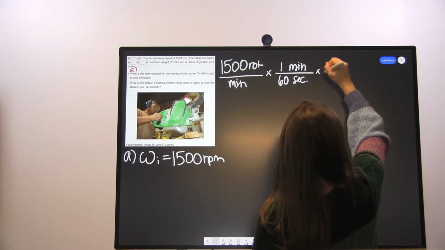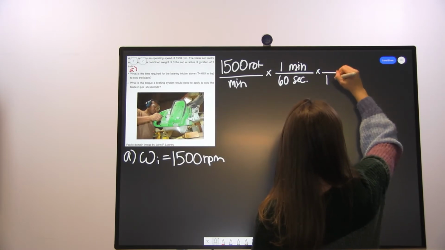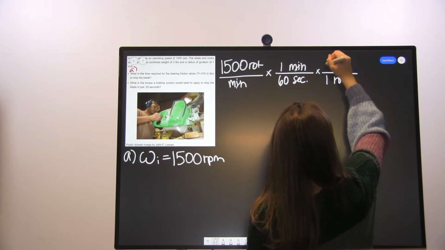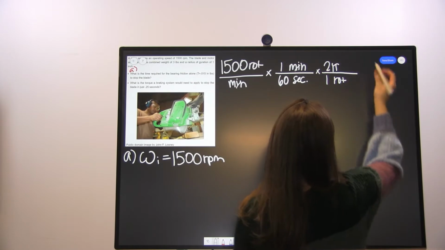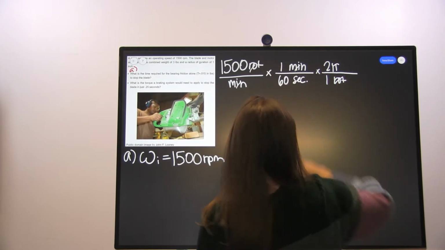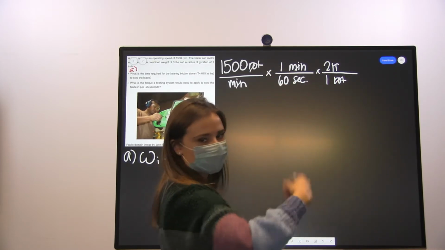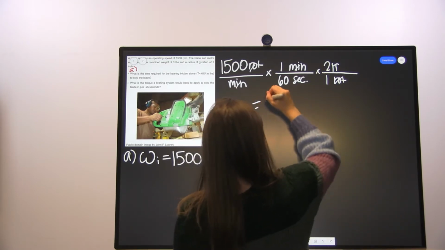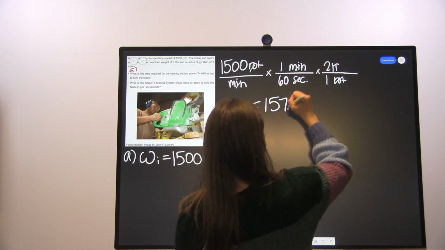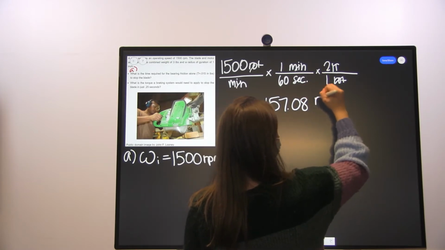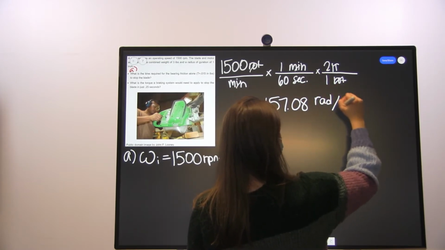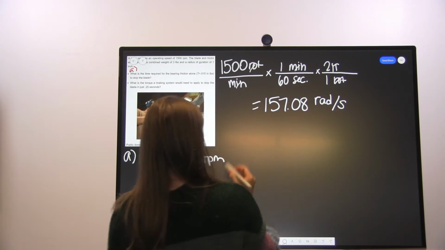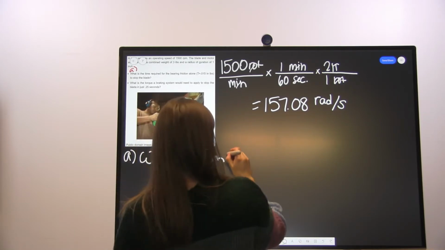And then we're going to multiply that by 2 pi over 1 rotation, because there's 2 pi for 1 full rotation of a circle. And then that gives us 157.08 radians per second for our initial angular velocity.